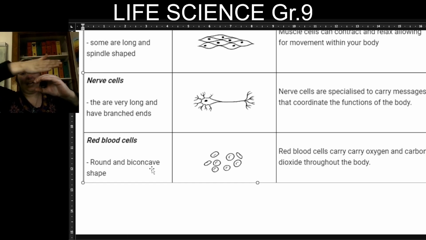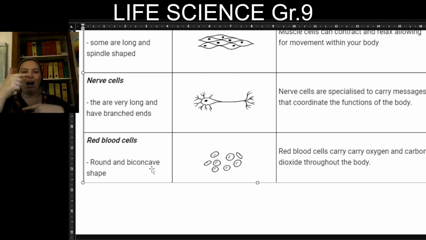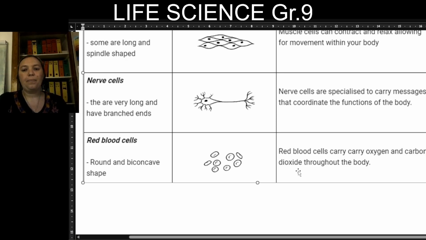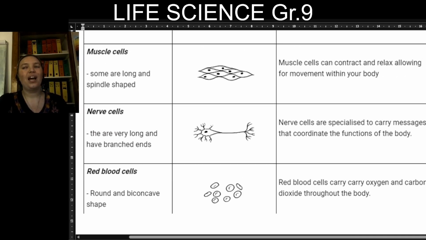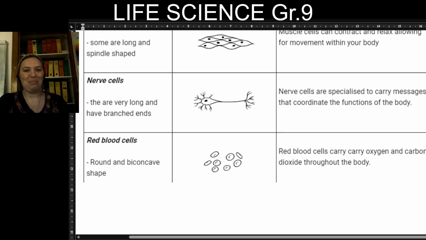So it's basically a cave in the middle, and bi because it's on both sides. It's caving in on both sides, the top and the bottom. And they carry oxygen in the blood. The part that carries the oxygen is called hemoglobin. But I think that's in the next video as well, when we're talking about the respiration system of the body.